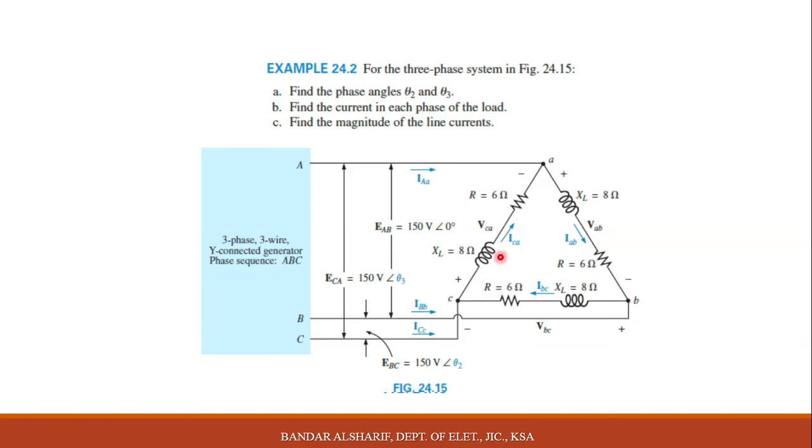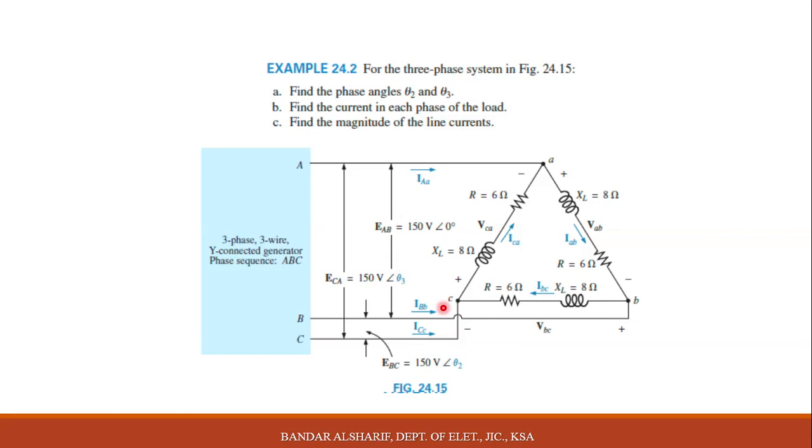You will get the current going through the impedance. And we know that in delta connection, the line voltage equals the phase voltage. This means we will use 150 divided by the value here for each impedance.